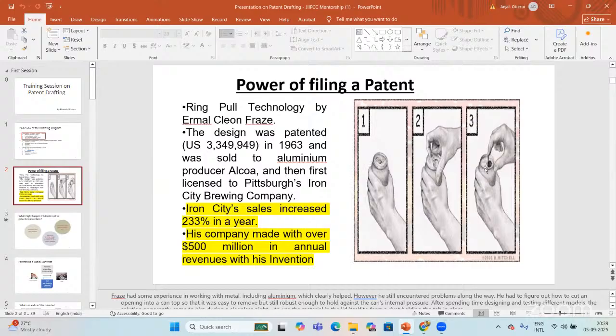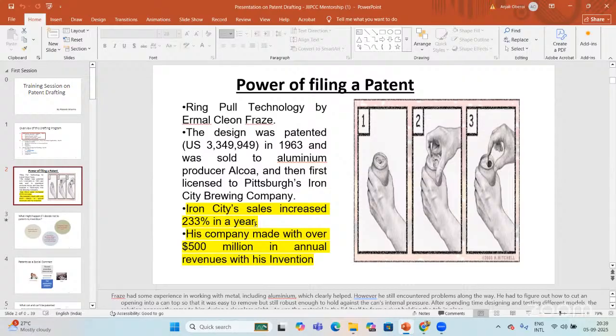So this was invented by somebody. It was patented under this patent number in 1963. Nowadays we find it a very common technology, but once it was invented, the sales of the company increased by 233% in a year.